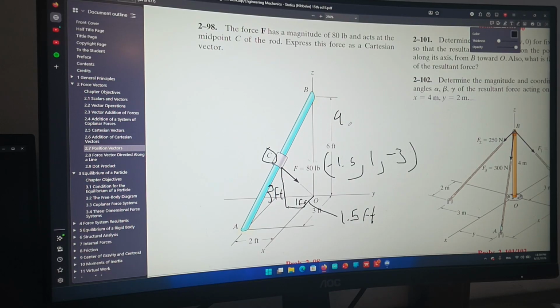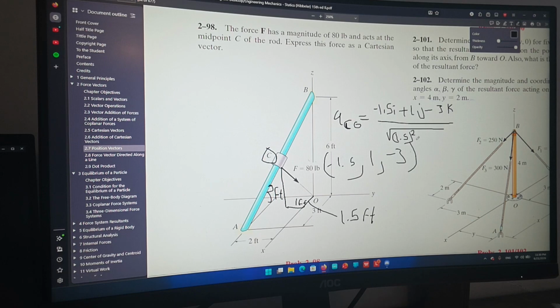Now the unit vector, if you remember, was the unit vector of CO equals these coordinates, which is negative 1.5i plus 1j minus 3k all over the square root of every single one of those squared. Same thing: 1.5 squared, 1 squared, and negative 3 squared.